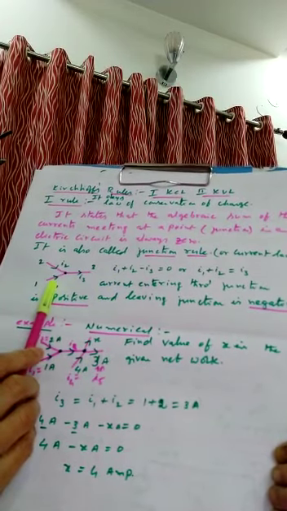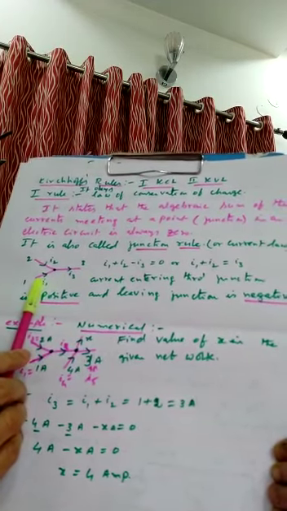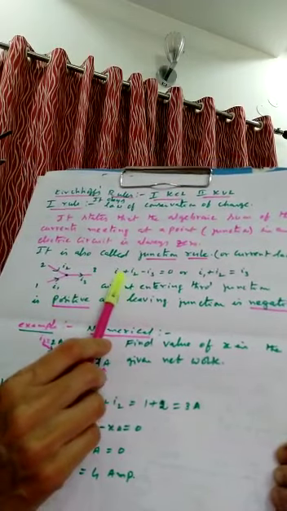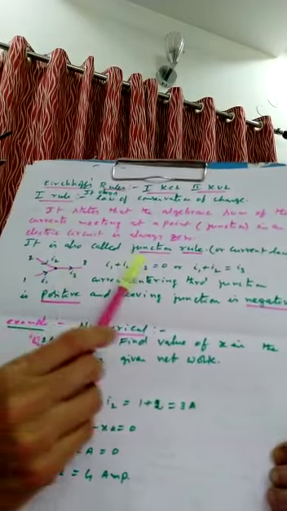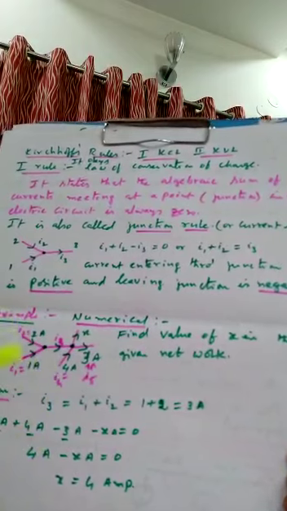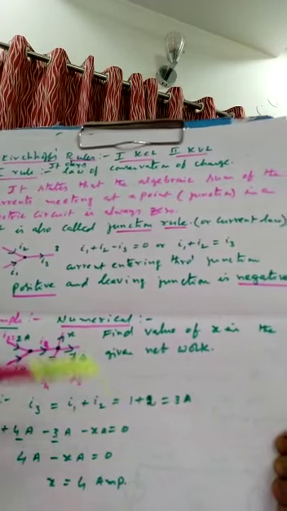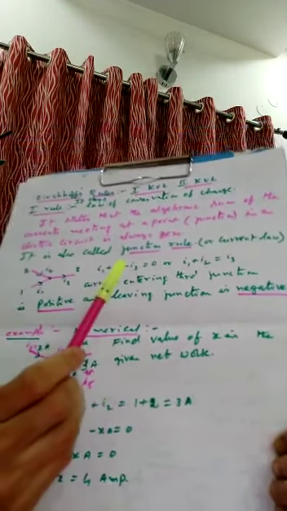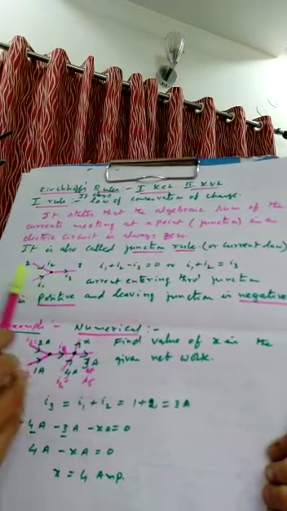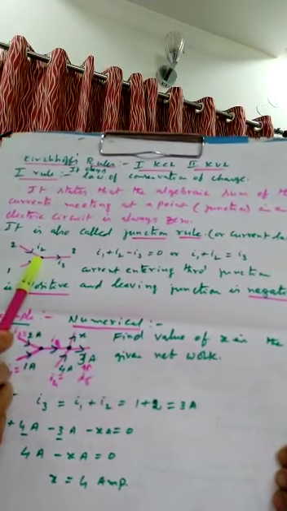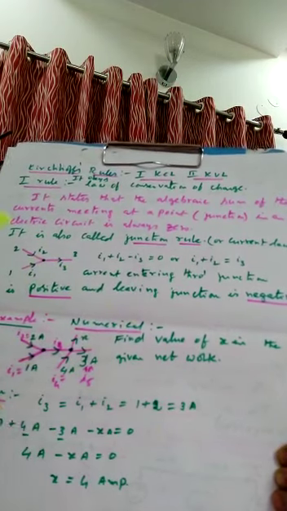So according to Kirchhoff's current law, we write here I1 plus I2. I told you the sign convention. Current entering the junction is positive. Current leaving the junction is negative. So we write I1 plus I2, since I1 and I2 are entering the junction. And I3 is leaving the junction. It must be.